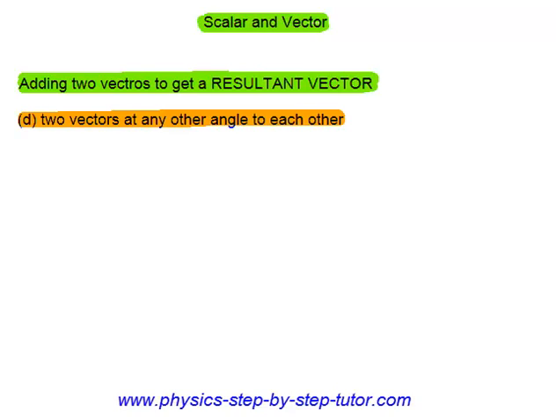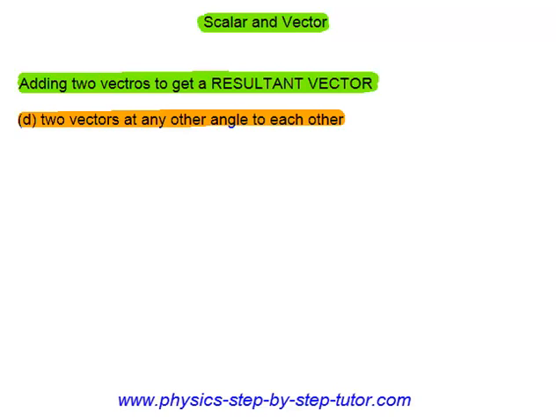By the way, when vectors are acting in the same direction, the angle between them is 0. And then we have when they are perpendicular to each other. And when they are acting in the opposite direction, right in the opposite direction, the angle between them is 180 degrees.